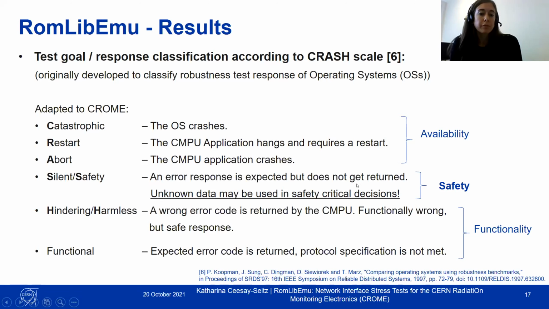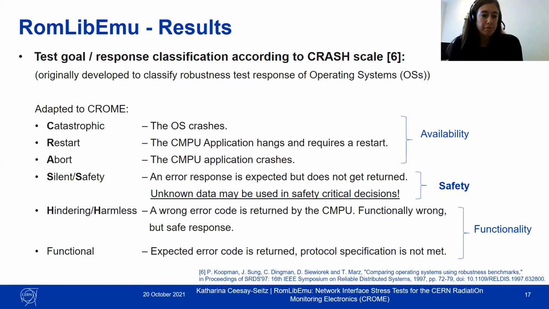What is most critical for us are the S, the silent or safety failures. This is when an error response is expected from the device, but it doesn't get returned. It means the application would silently store some data that is actually bad data, but doesn't inform the remote side. So one would rely on the system having stored some data, and we don't know what exactly.